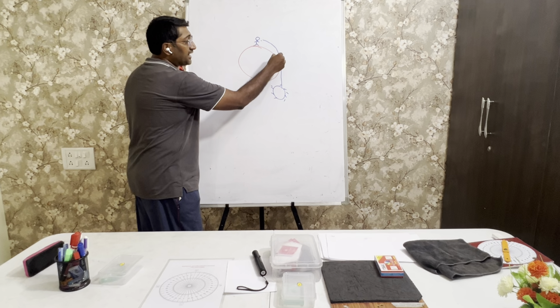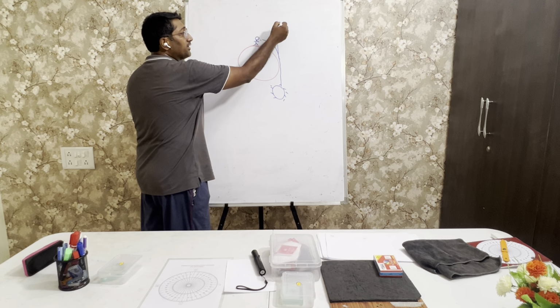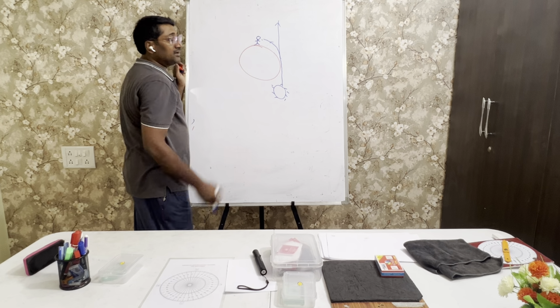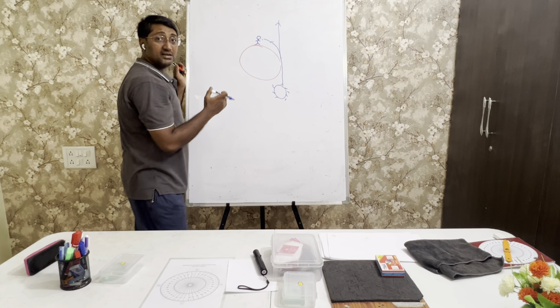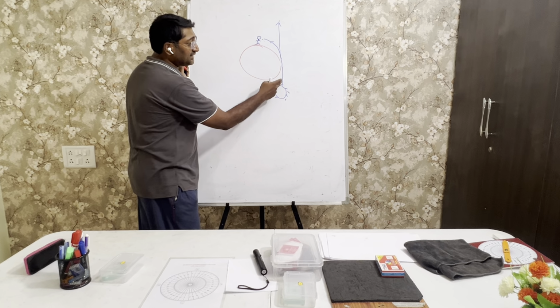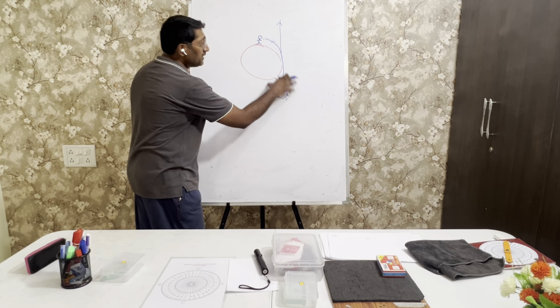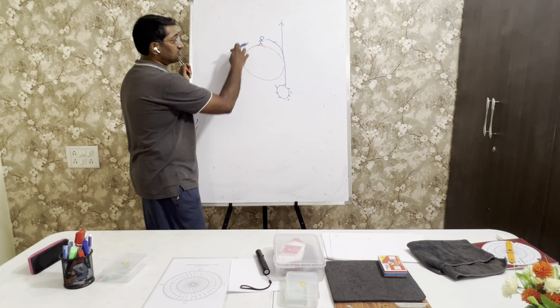Instead of going straight in this path, the sunlight actually bends a little bit. This bending happens because sunlight is traveling between two materials. One is vacuum, another one is Earth's atmosphere.